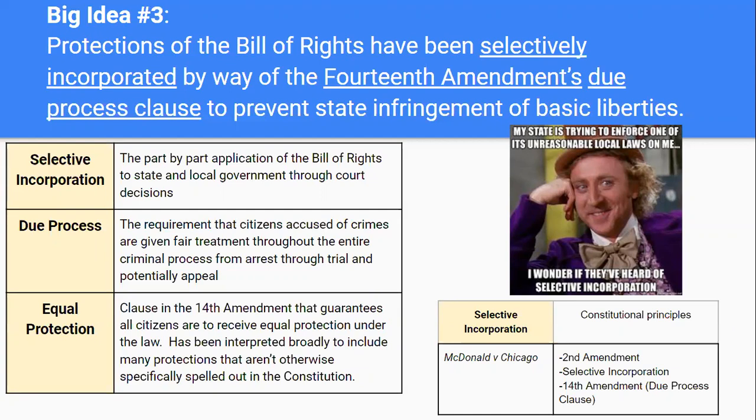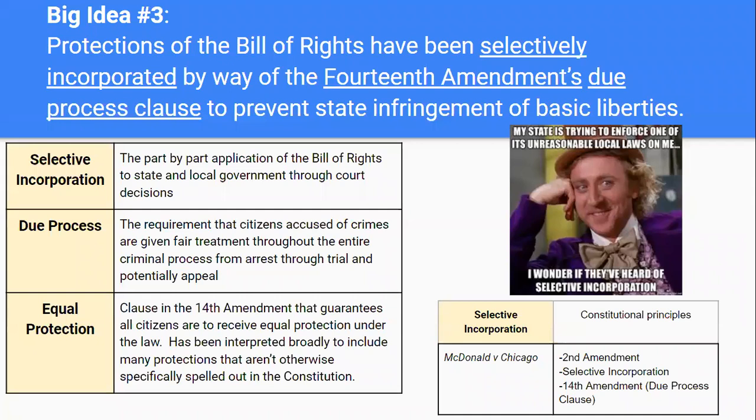And remember, this was passed in 1868. So, I mean, to say it was effective would be a lie, right? There was still a lot of racism in the South up until really the Civil Rights Movement in the 1960s. So for 100 years, the Due Process Clause has good intention. The intention is that states cannot take away people's rights, but that is largely, hugely ignored in the South, as we know.